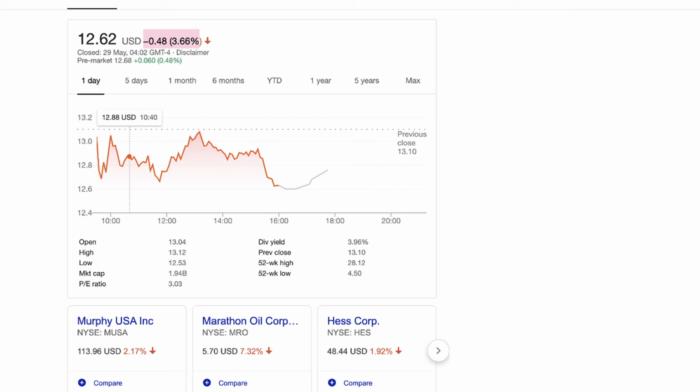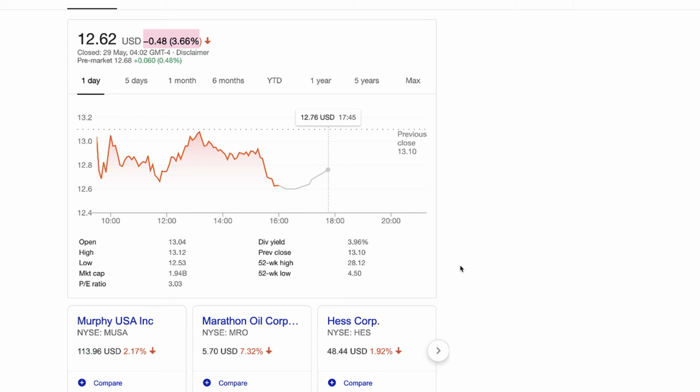For example, if a stock price was $100 and I held one stock and the dividend yield was 3.96%, I'd receive $3.96 in dividends, and hence the dividend yield is 3.96. Here, obviously, it's a dividend yield of 3.96 on a 12.62 valued company, so you could do the maths and work out what that dividend is per share.